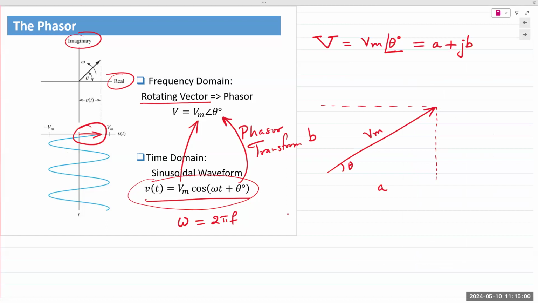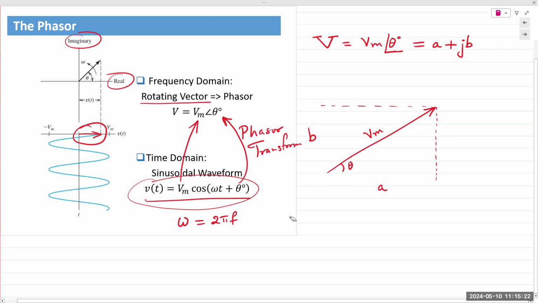A vector needs only two things to describe it: magnitude and direction. We obtain those directly from the expression for v of t or i of t, as the case may be. The peak value, or the magnitude, gives us the length of the vector, and the phase shift gives us the angle. Hence, it is also known as the phase angle.